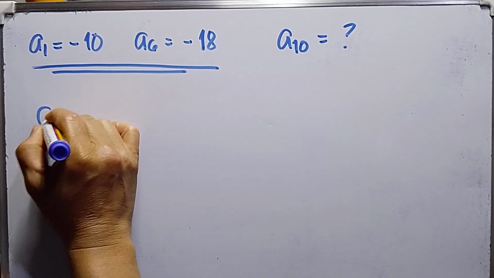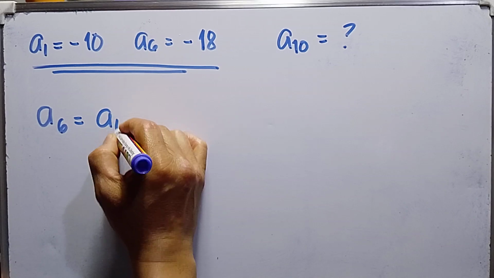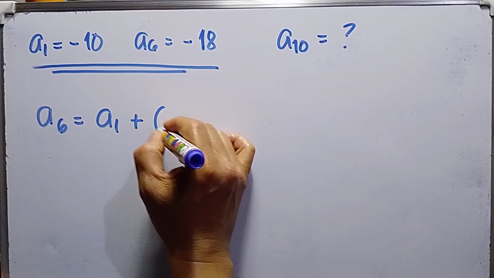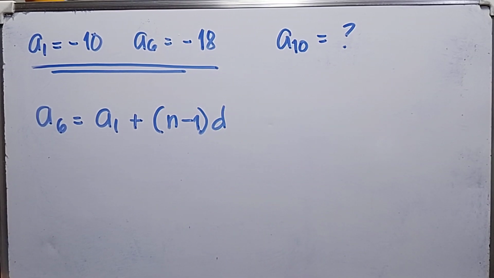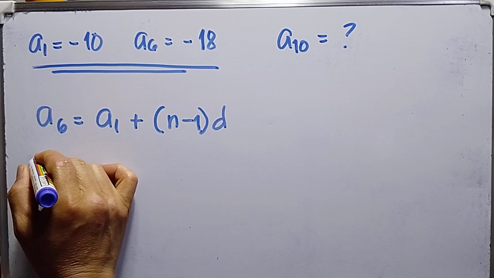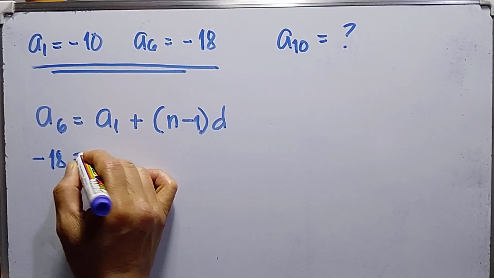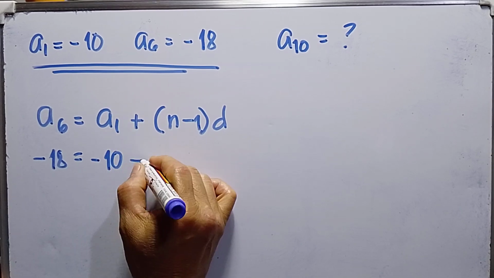I will use my last term, a sub 6, is equal to a sub 1 plus, in round brackets, n minus 1 times the difference. Since I have the value of a sub 6, which is negative 18, and I also have my a sub 1, which is negative 10.